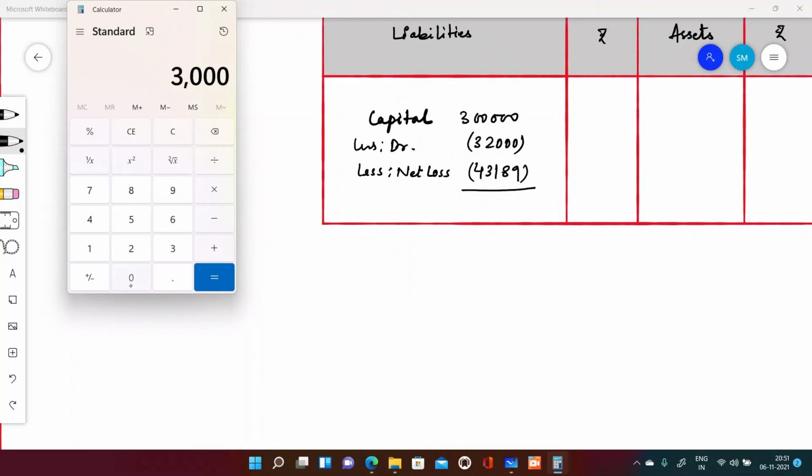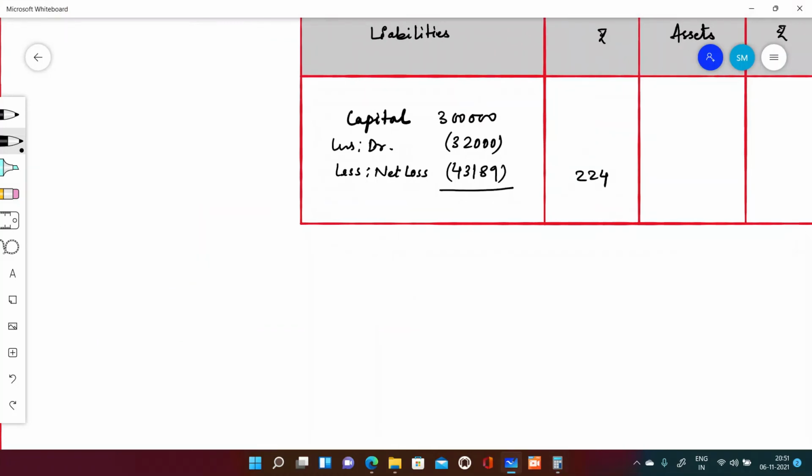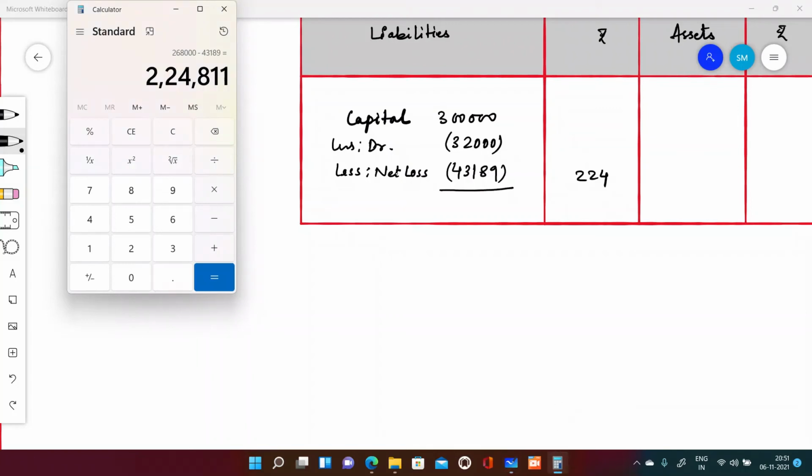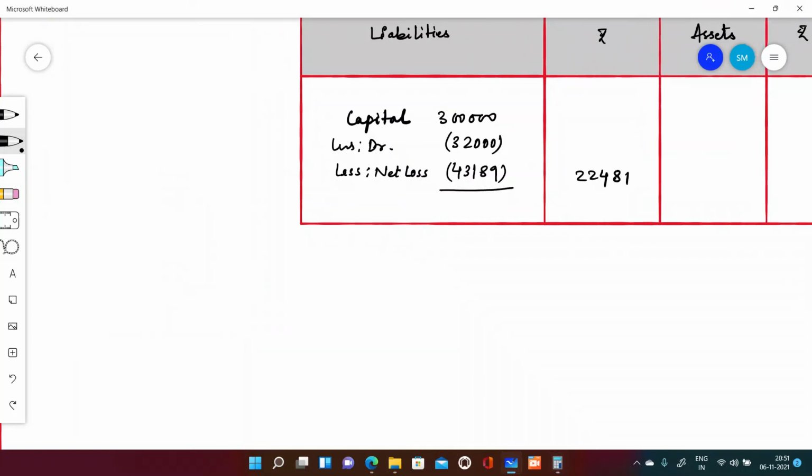That is your 3 lakhs minus 32,000 minus 43189. So it's your 2,24,811.